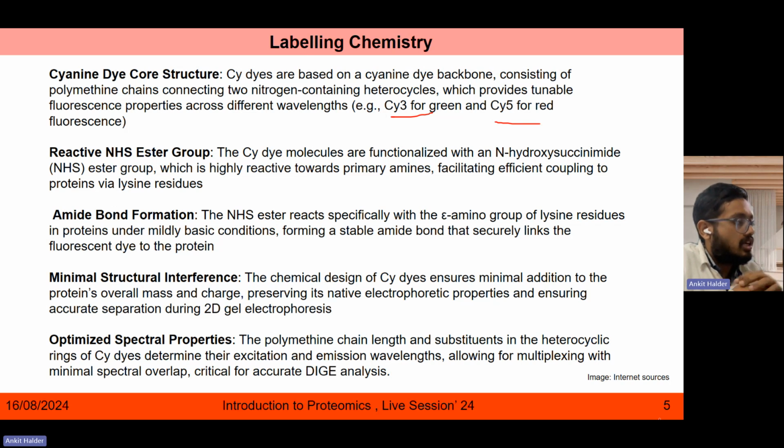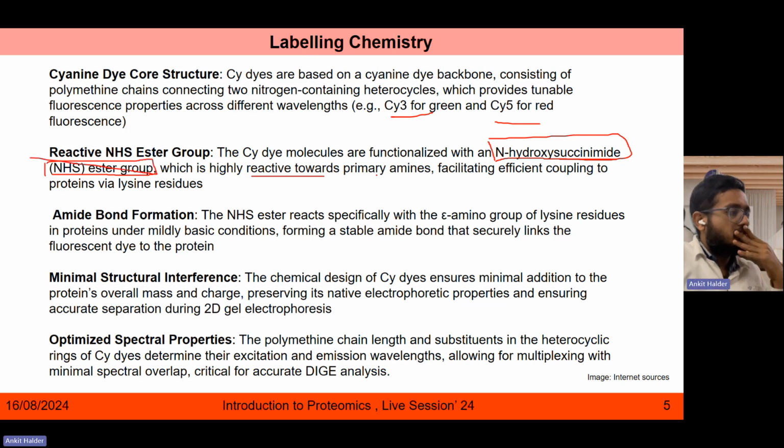The Cy dye molecules are functionalized with an N-hydroxysuccinimide NHS ester group.